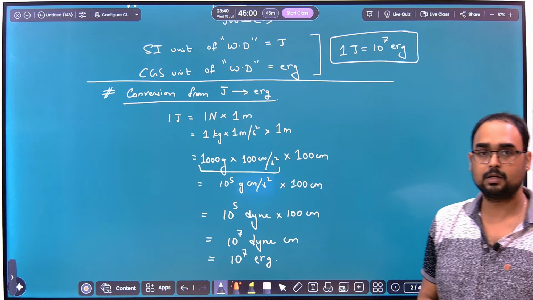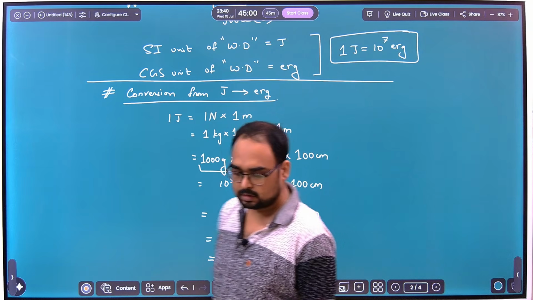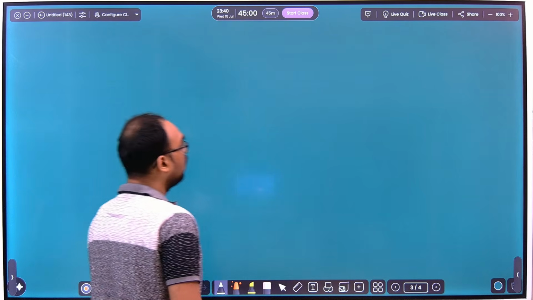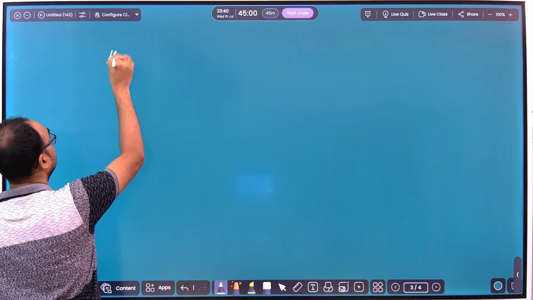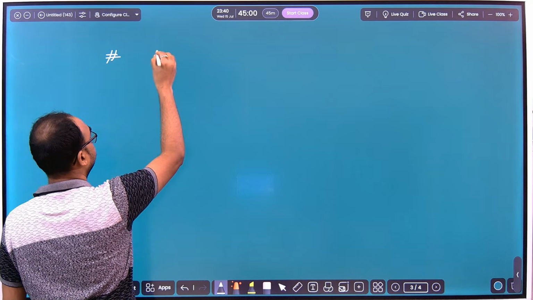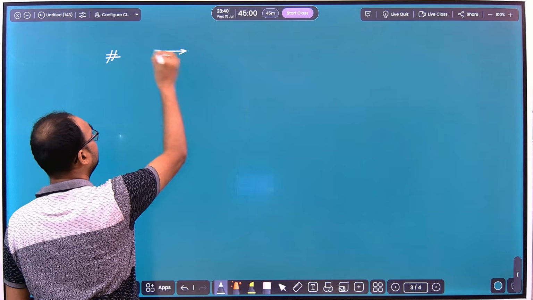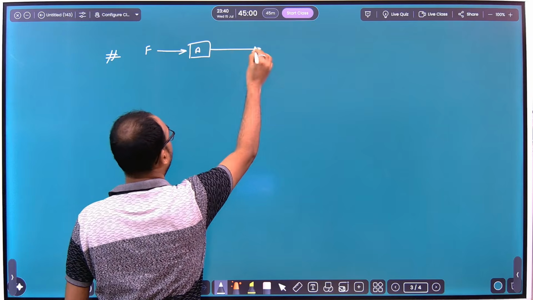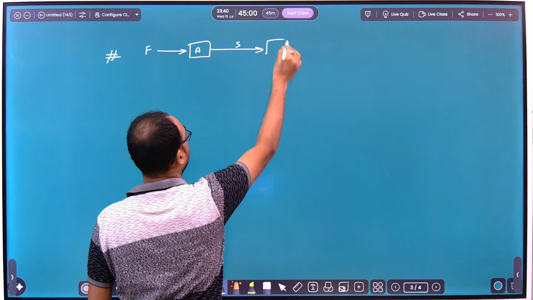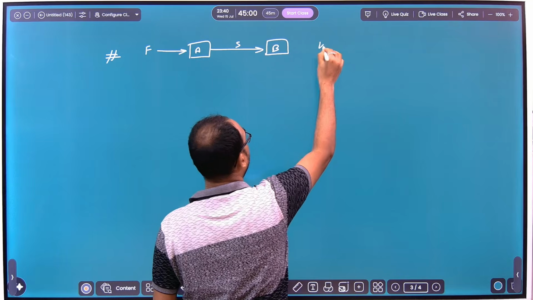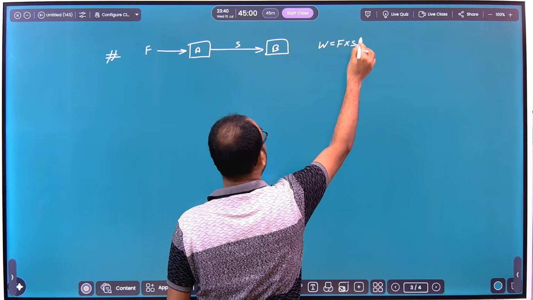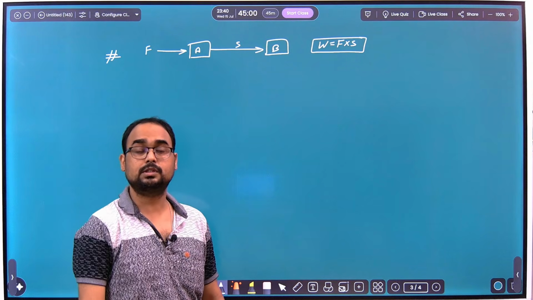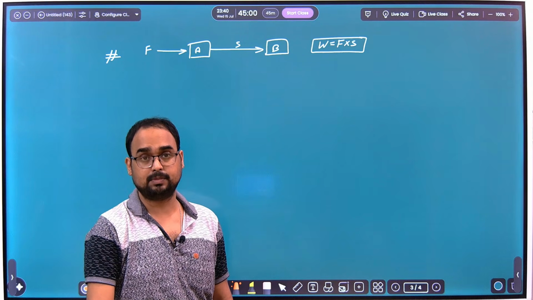Okay? So now let's move to the next topic. We have just discussed that when force is applied in a certain direction on a body, it moves a certain distance s, then work done equals F into S. Perfect, no problem in that. But what if the force acts at a different angle than the displacement?